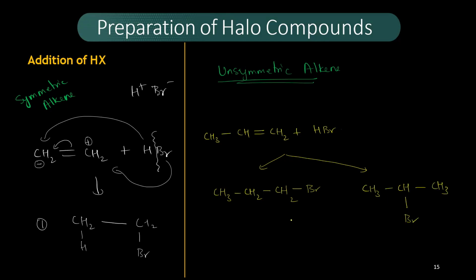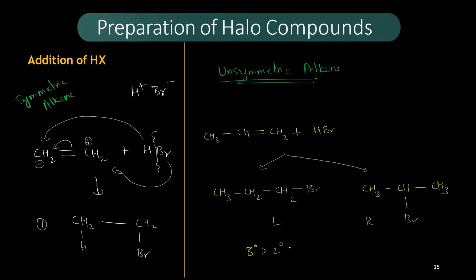So let's say this is the left one and this is the right one. Tell me which one will be the major product and which one will be the minor product. The right one is major, the left one minor. See here, what is the reactivity order?